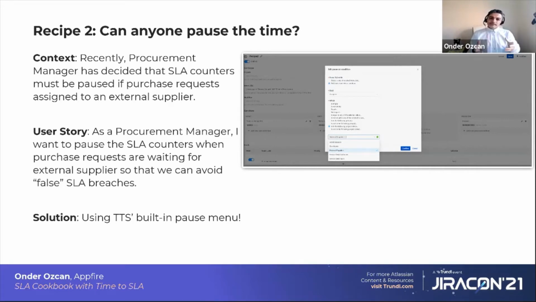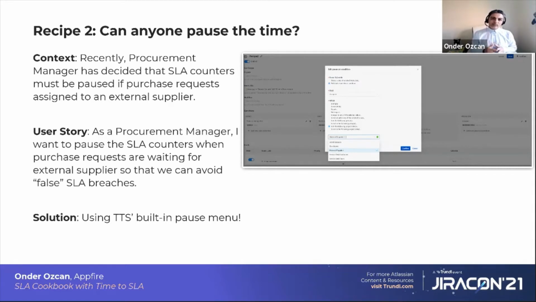So unlike built-in JSM functionality, we are providing groups and roles as well. So in this regard, it is unique to Time to SLA. Just to recap, in a couple of minutes, you can satisfy this use case with Time to SLA.